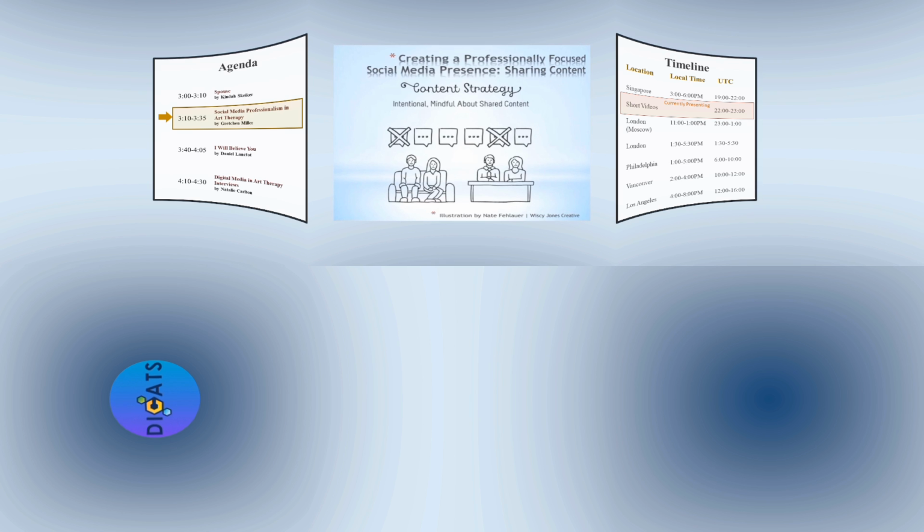Next is the content strategy. I feel that this is the strategy that I use in relation to my communication and digital presence on social media. People that use this strategy are really mindful of the content that is shared on each platform.